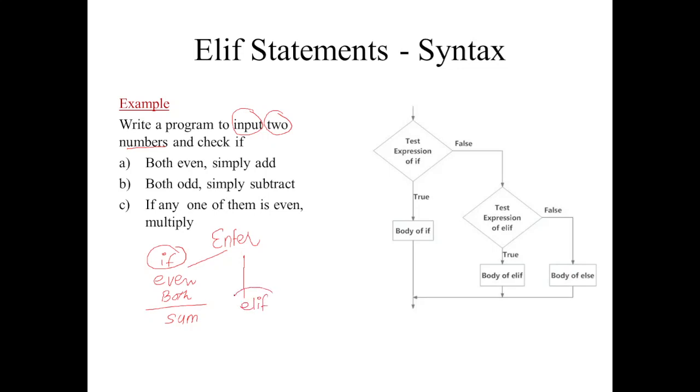We can check the second condition with the elif keyword, not with the if keyword. For second, third, fourth, and so on, next conditions, we use the elif keyword. So if both are odd, then it will subtract the numbers.